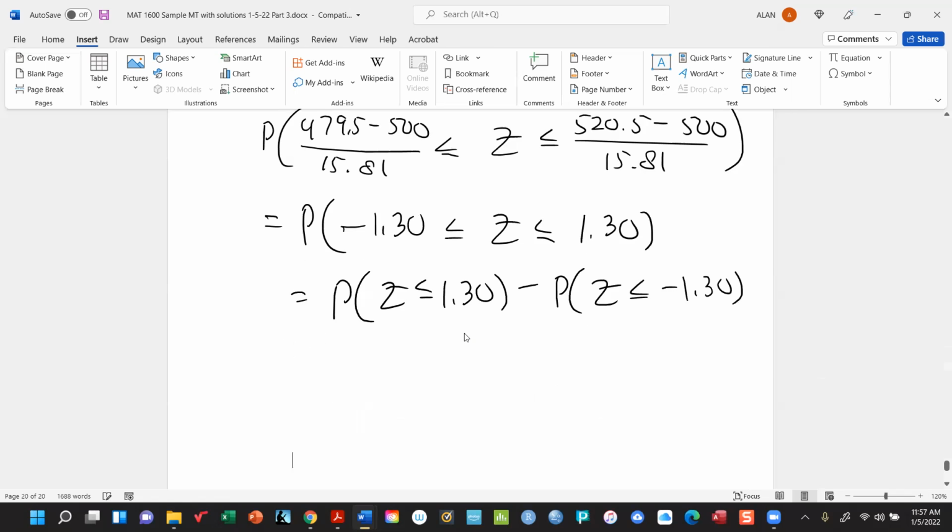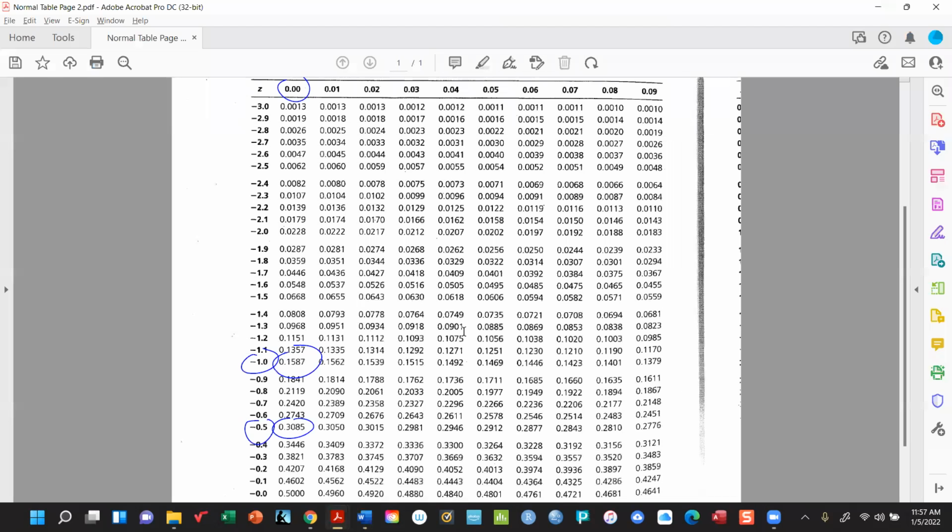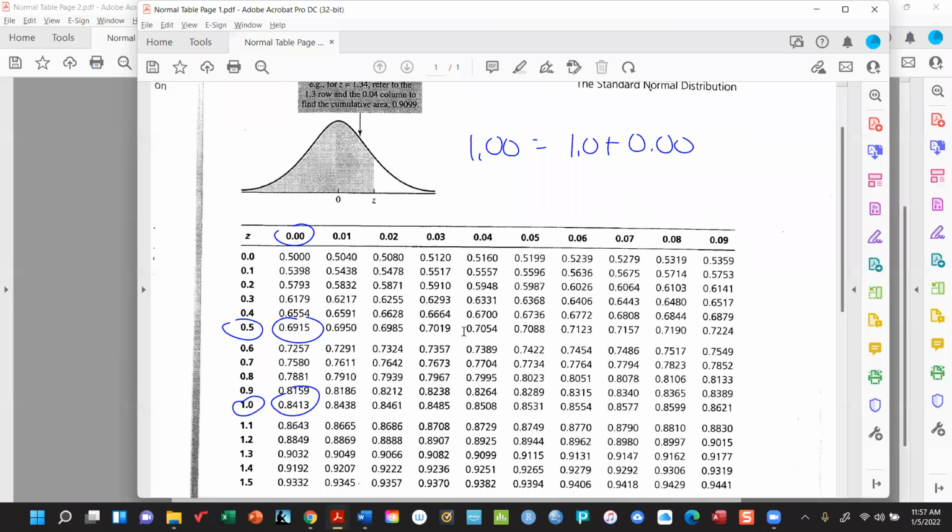Now we look these up in the tables. Or let's go get positive 1.3 first. Okay, 1.3, 1.0 combined with, sorry, oh no, sorry, that's the wrong one.